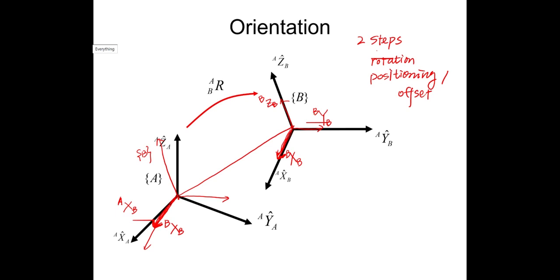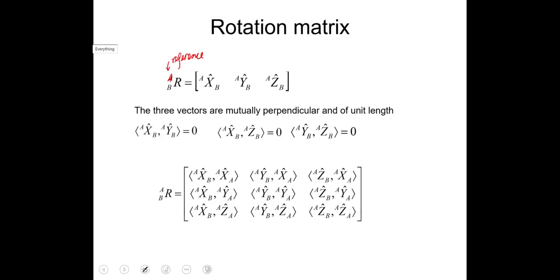So we consider all the projections of X, Y, and Z in the A frame. That is how we define the rotation matrix. So that is the XB in the A frame, YB in the A frame, and ZB in the A frame. Okay, so the question is, what is XBA?